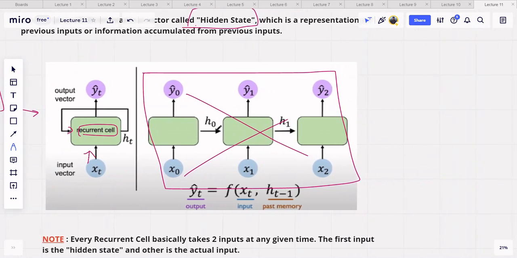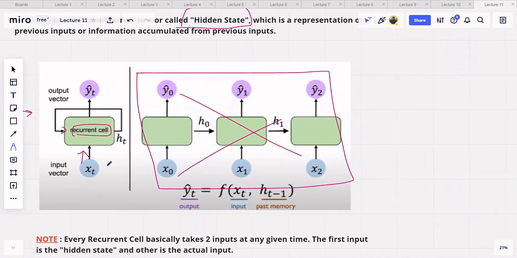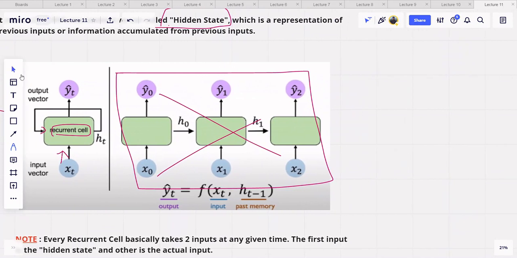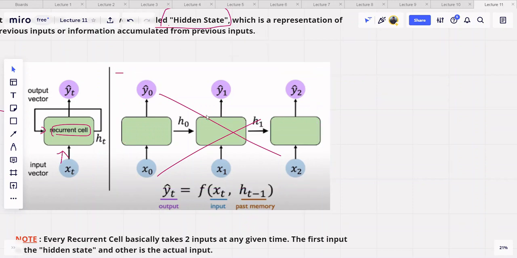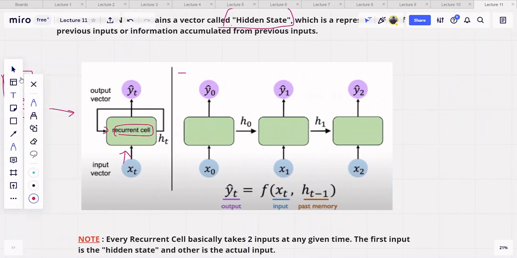For each input vector, for each word that we send to this recurrent cell, the recurrent cell produces one output. So let's say you send in one word to a recurrent cell. It will produce one output. Then it will calculate the hidden state.